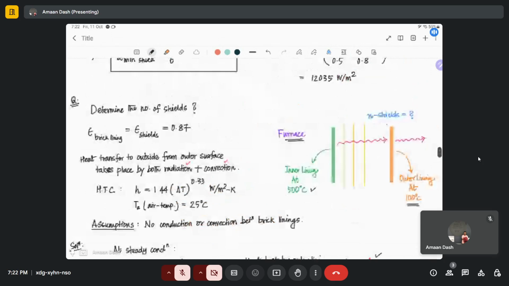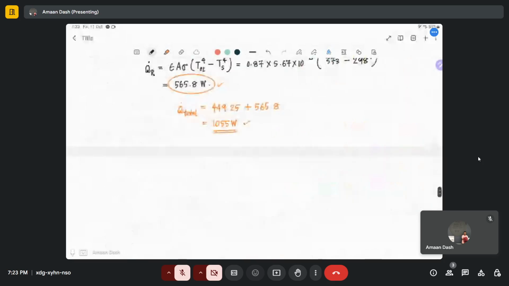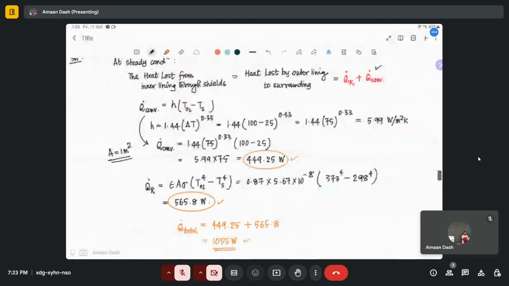If we substitute all the values, we will be getting 565.8 watt.